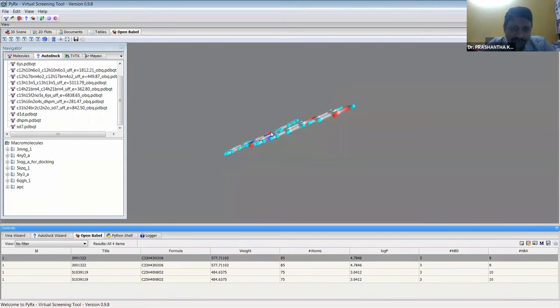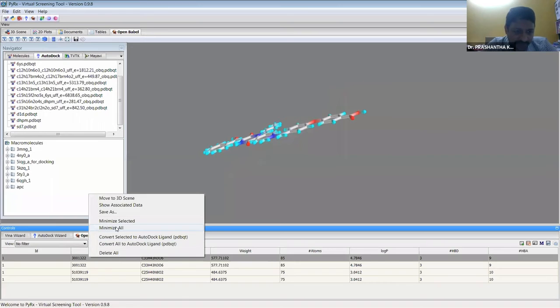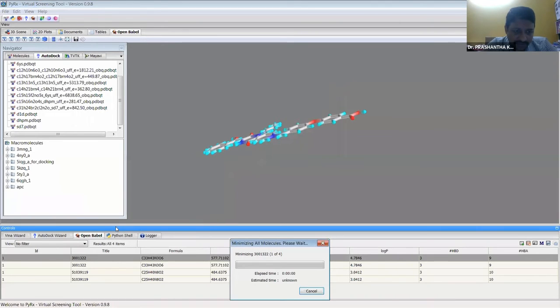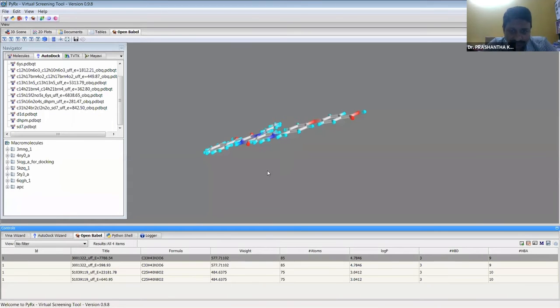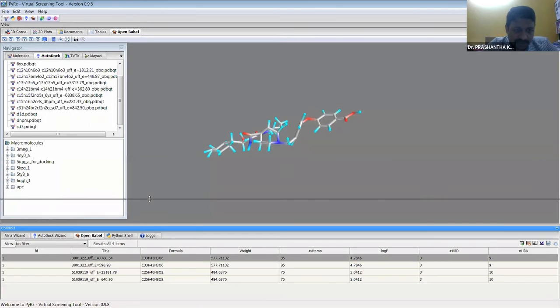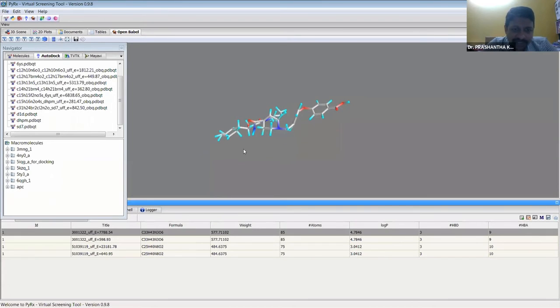The 2D will take more energy because it's not in the right order at all. More iterations have to happen. Then right click, say minimize all. This is also going to happen in a very quick amount of time. All 4 ligands got minimized very quickly.